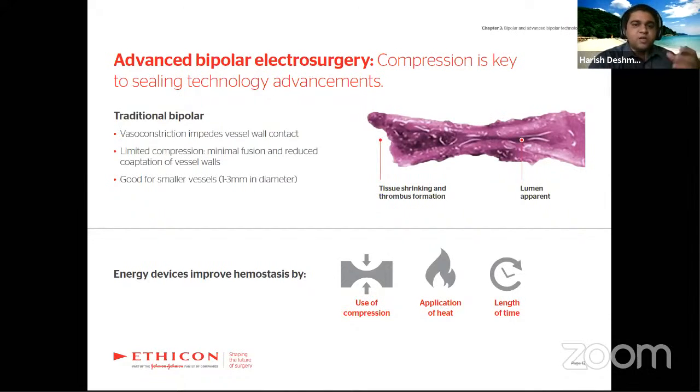As said earlier, monopolars are recommended for up to 1 mm vessels for coagulation. In the case of traditional bipolars, 1 to 3 mm diameters are considered safer and good for coagulation.